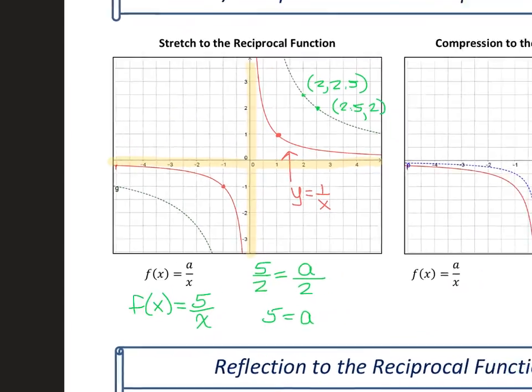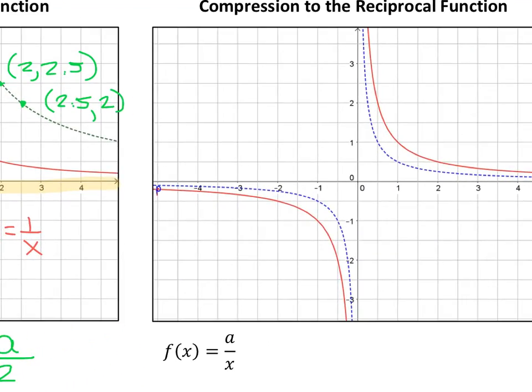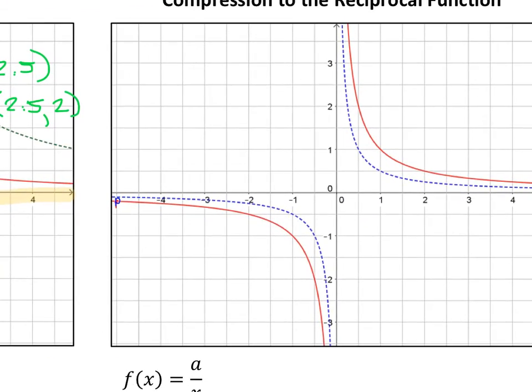Okay, let's take a look at an example of compression. Again, I use the dashed lines to show the transformed function. And if I didn't tell you that, you could still figure out that this red one here is our parent because it's going through the points (1, 1) and (-1, -1).